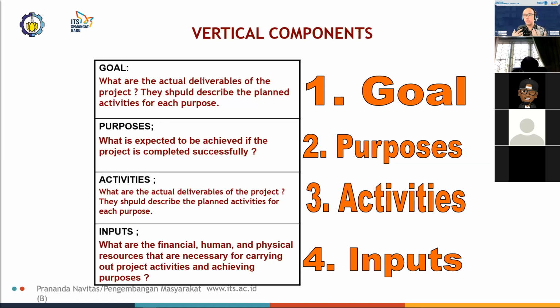Previously, in RBM, in results-based management, you only have the goal, the purpose, and the activities. But you don't really consider the input as a separate entity. Whereas here, you consider the inputs as the fourth component within the framework.